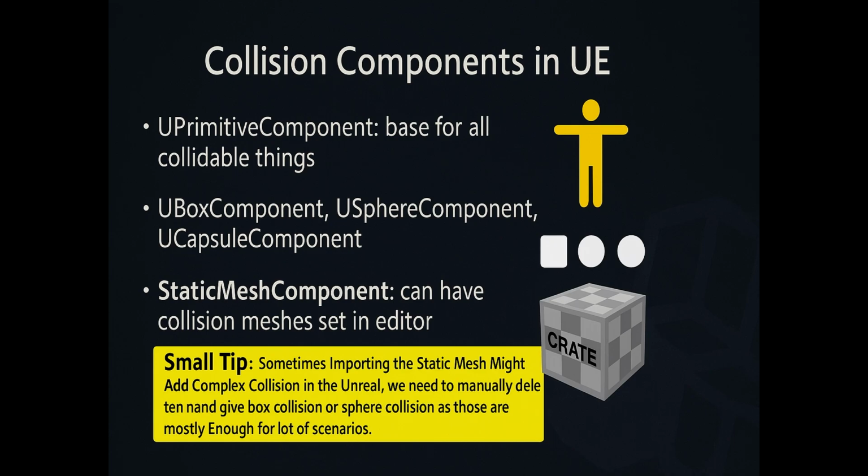You can imagine defining a model using DCC tools, and you start to import that particular model into the engine. Then sometimes there is a collision that comes attached with the particular object.